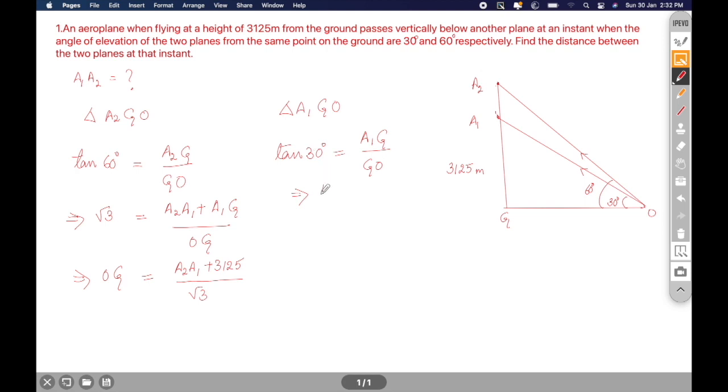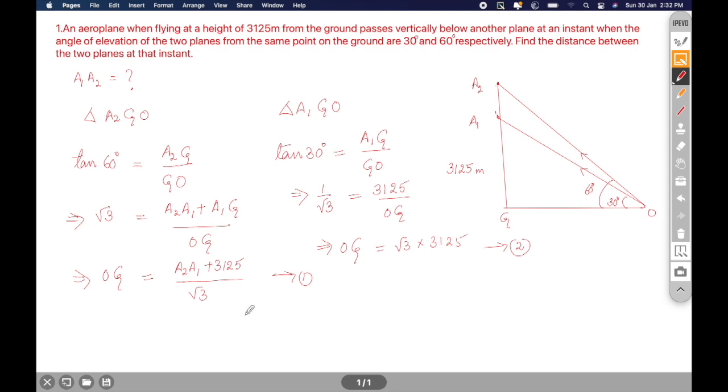Next, for the other triangle, tan 30 is 1 by root 3, which equals 3125 by OG. So OG in this case will be root 3 into 3125. I am marking this as equation 1 and this as equation 2.